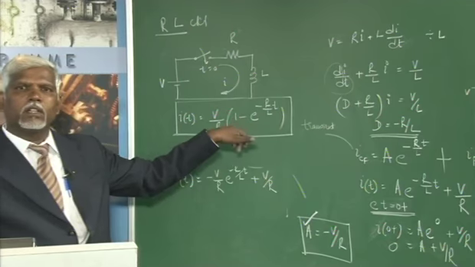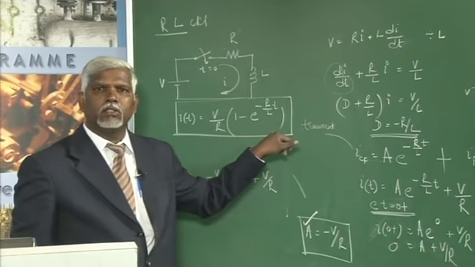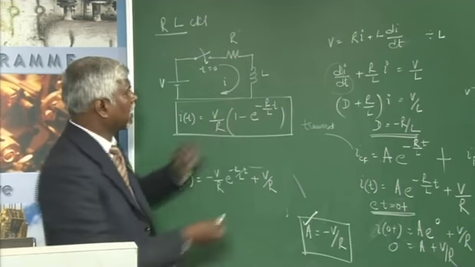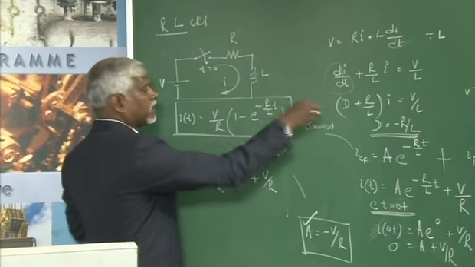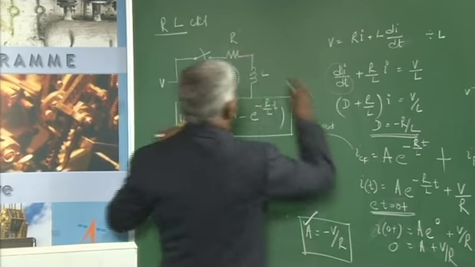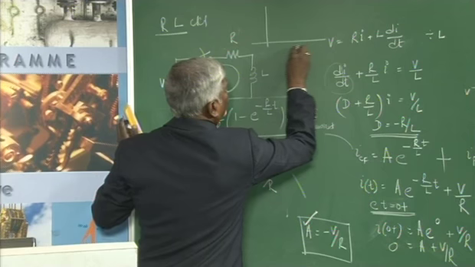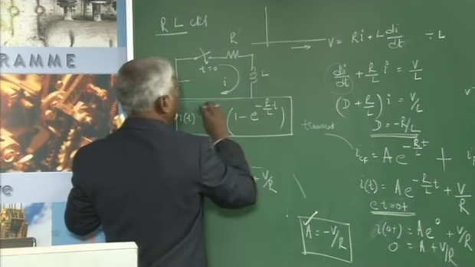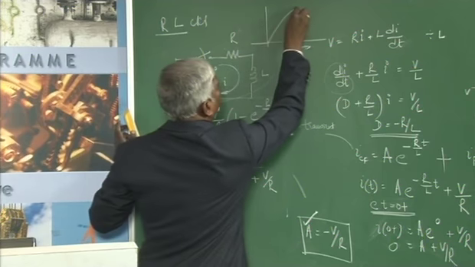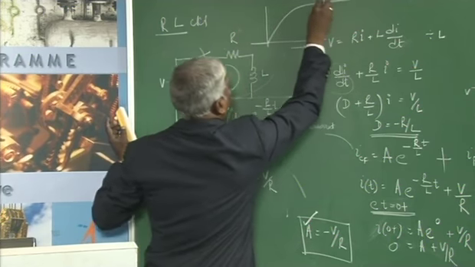This is the equation they will be using in simulation software to find how the current varies with time. Just keep on varying t and plot this on a graph, you will get all the points. If this is t, I got an expression for current, so it will be 0, gradually it increases and reaches a steady state.